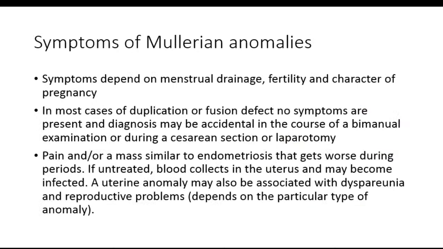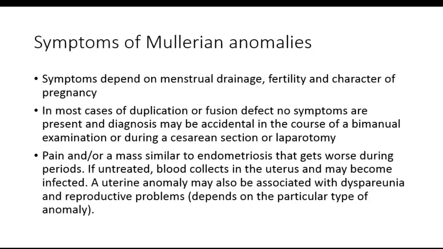Usually patients with Müllerian anomalies come to the office with symptoms, with signs, depending on menstrual drainage or abilities. They also come with fertility problems, and sometimes they come as obstetric patients with some complaints about their pregnancy continuation, like threatened abortion, for example, or miscarriages.